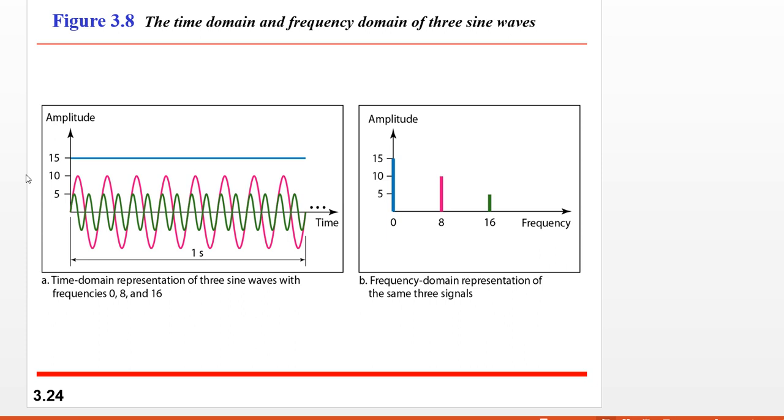Multiple sine waves with different amplitude, different phase and different frequencies, more than one sine wave, that we call a composite signal.